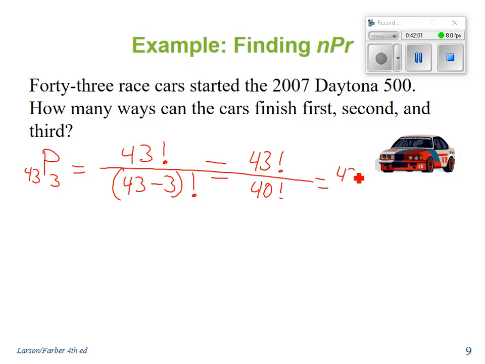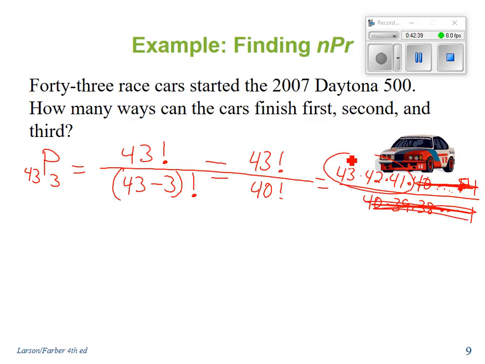If I start to do this, 43 times 42 times 41 times 40, do I really want to list all those out all the way down to 1? That's too much, isn't it? On the bottom I've got 40 times 39 times 38, and so on, all the way down to 1. What's going to happen from 40 down on top and 40 down on bottom? It's just going to cancel out.